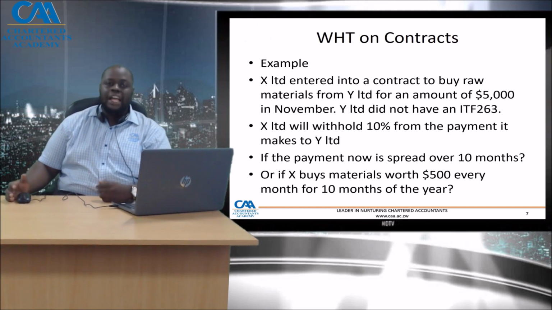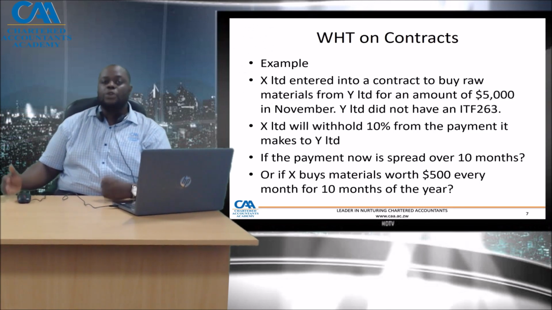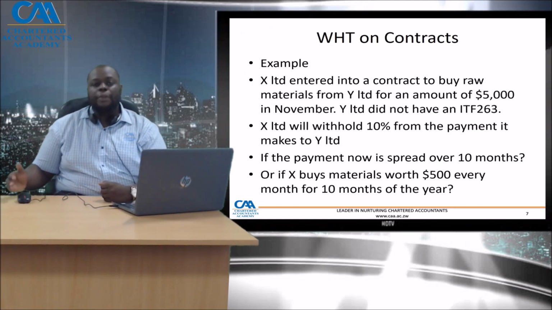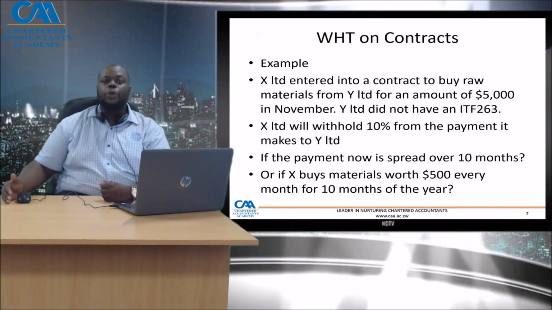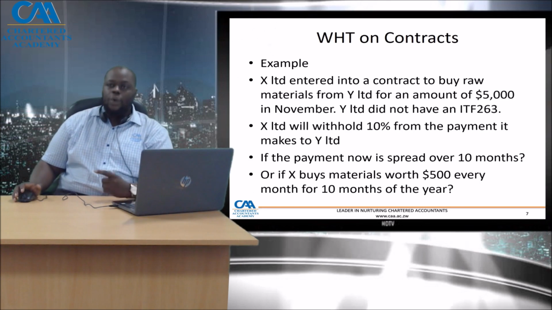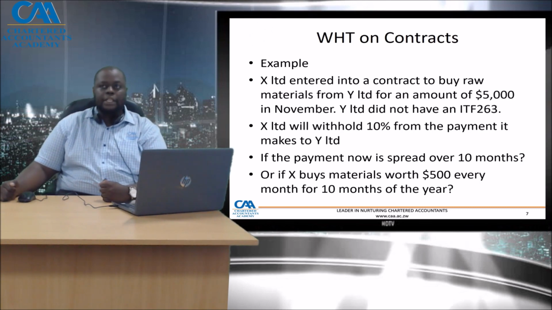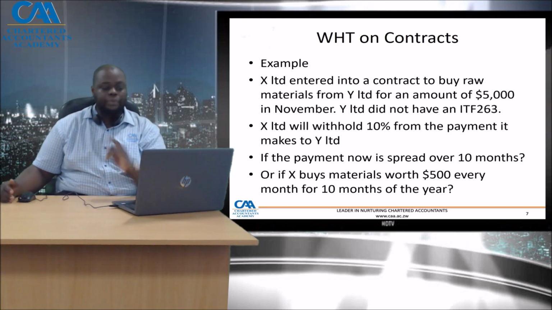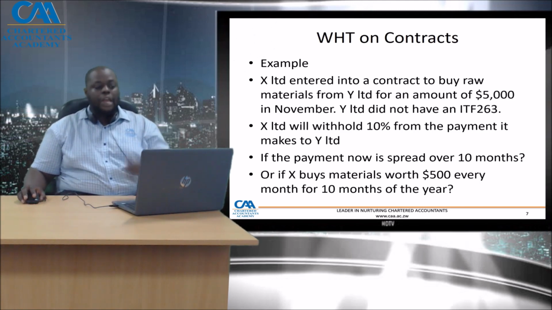Why? Because the aggregate amount at that point in time would not have exceeded the $1,000 threshold. However, from the 3rd month onwards, X Limited will need to withhold 10% from any payment they'll make therefrom to Y Limited. Why? Because the aggregate amount that they have now paid out to Y Limited is in excess of the $1,000 threshold.